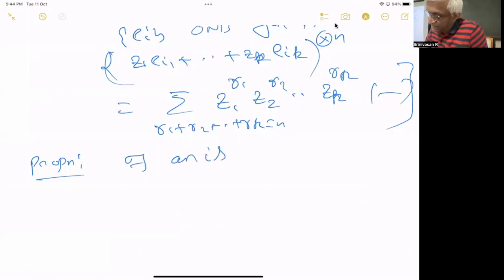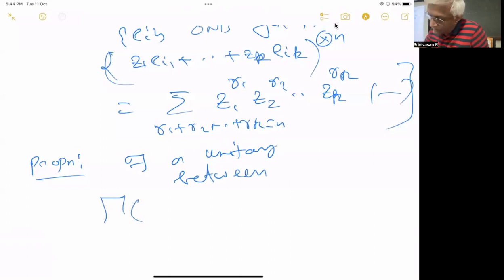There exists a unitary. Let H, K be two Hilbert spaces.